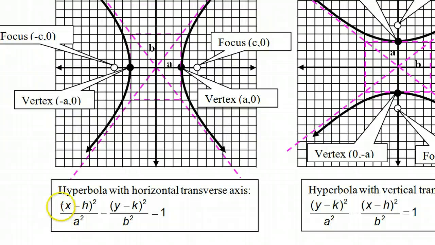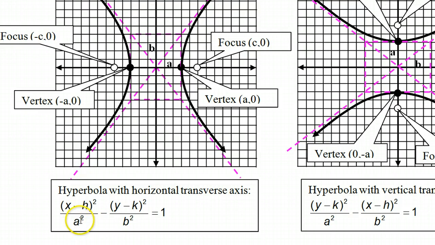If the positive term is the x term, then it's going to be horizontal, the x direction. If the positive term is the y term, then it's going to be vertical, opening up and down like the y direction.